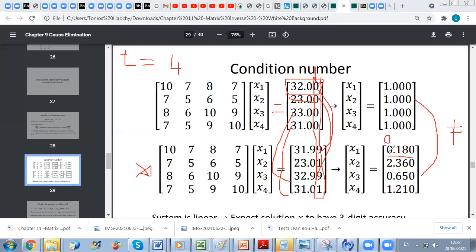Even the first digit, I cannot trust it. So I can say that my solution is uncertain, and the degree of uncertainty is very high. So I cannot trust any of the digits, and I cannot rely on such a system to get X.